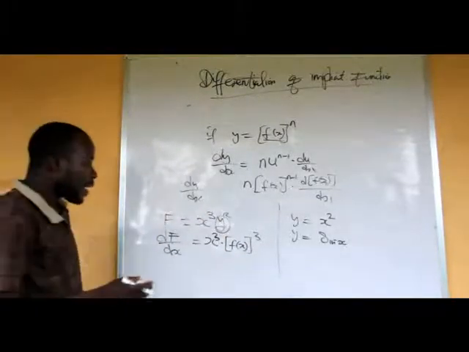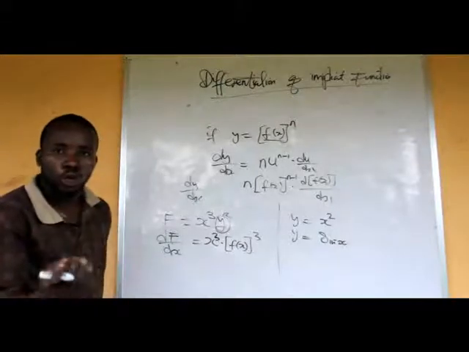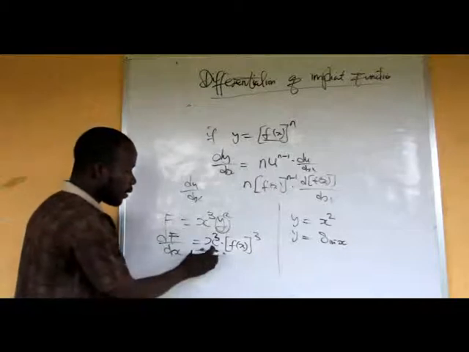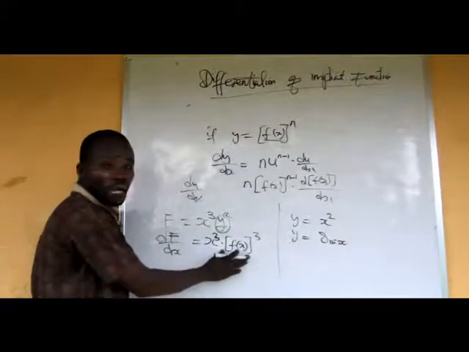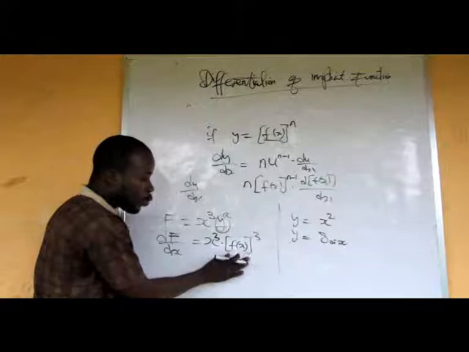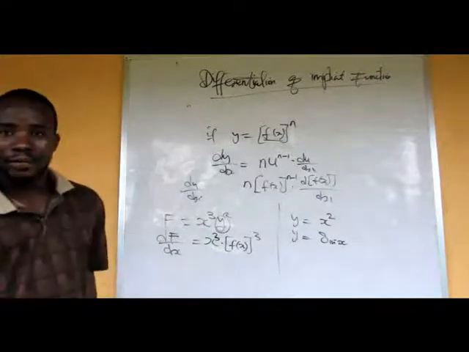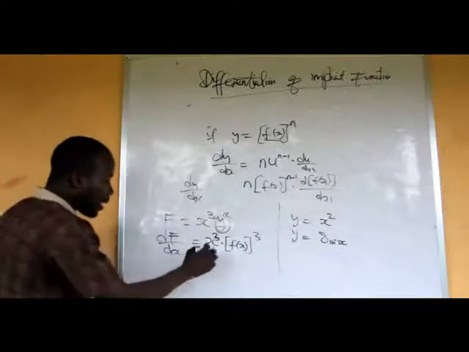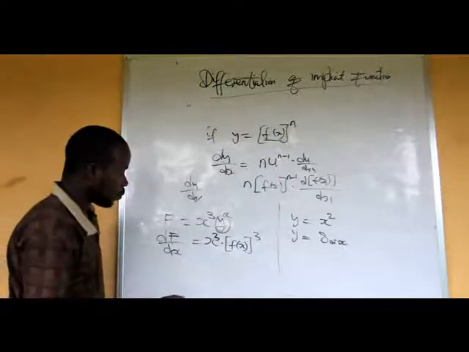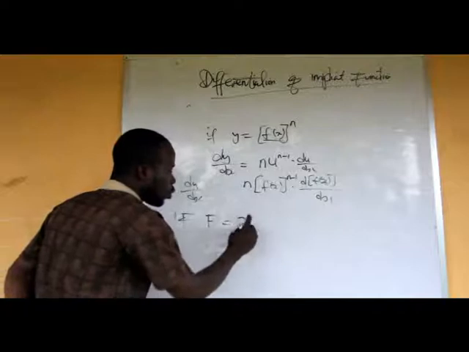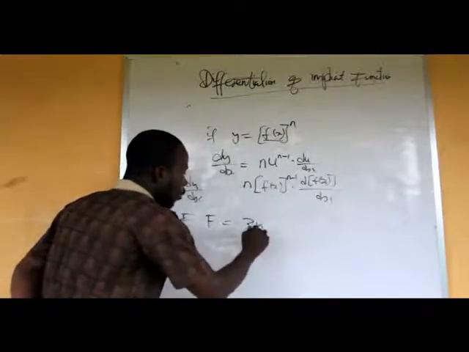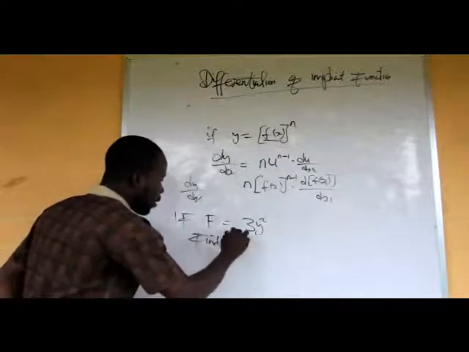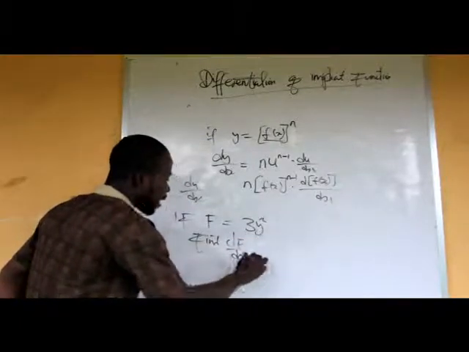You see, here now, I am having a product of two different functions. This is a function of x, another function of x. But this one is a chain function, because it is a function raised to another power. So we can then decide to use f equals 3y squared, and you're asked to find df over dx.